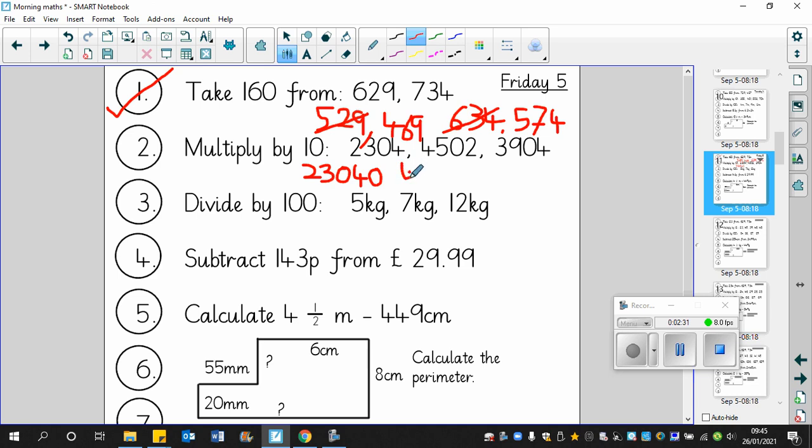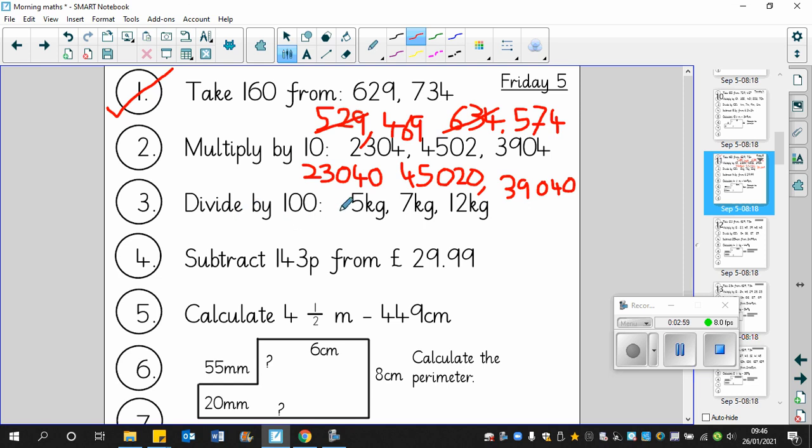And this answer, rather, is going to be 45,000, 0 hundreds, 2 tens, and the placeholder goes in the ones column. So 45,020, and this one is 39,040. Okay, how'd you like that? Did that work out good for you?